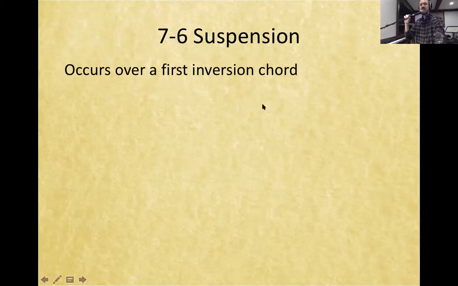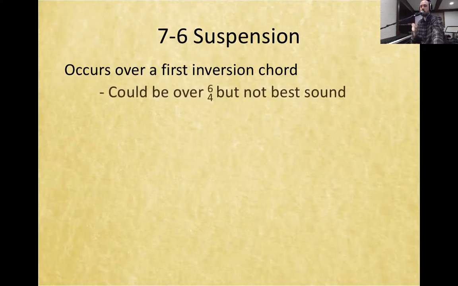So there's no sixth for any note to resolve to in a root position chord. But first inversion chords are built on thirds and sixths, right? So there's a sixth for this suspension to resolve to. So that's sort of why there's this inversional placement.